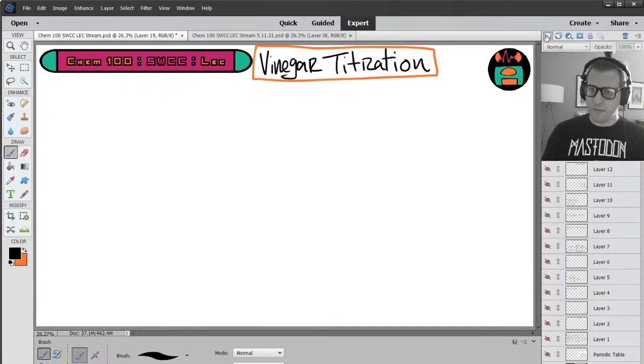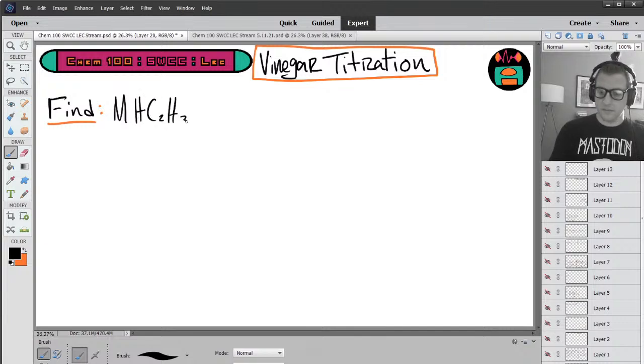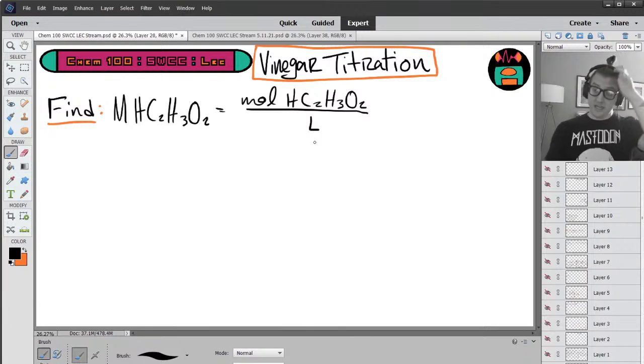Sorry, I've got to blank this whole page, but part A, we're trying to find the molarity of acetic acid, right? So this is equal to moles of acetic acid over its volume in liters.